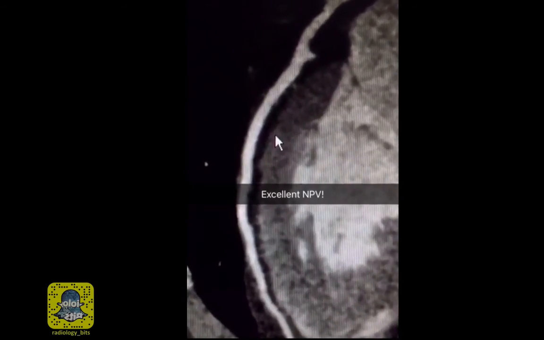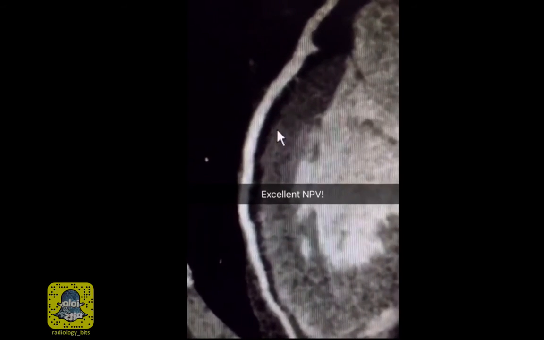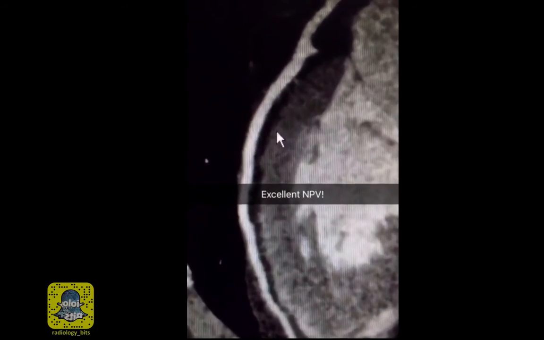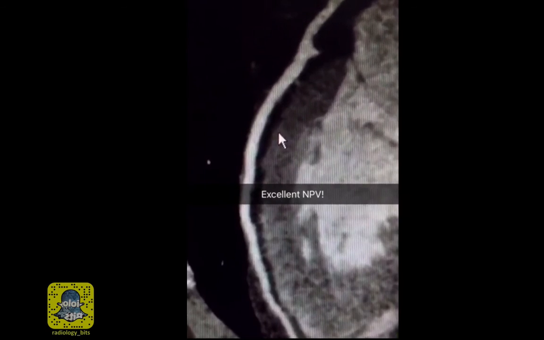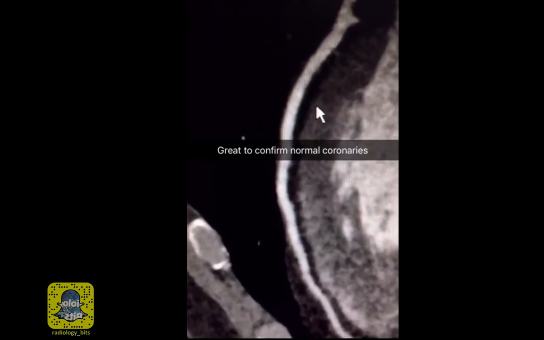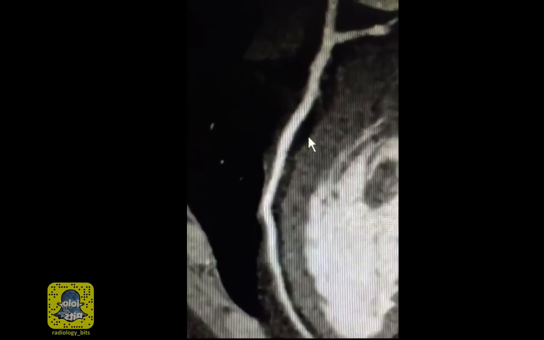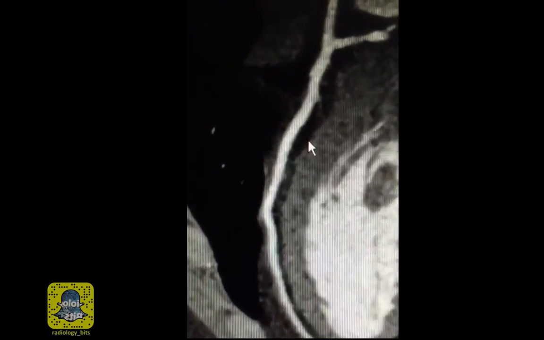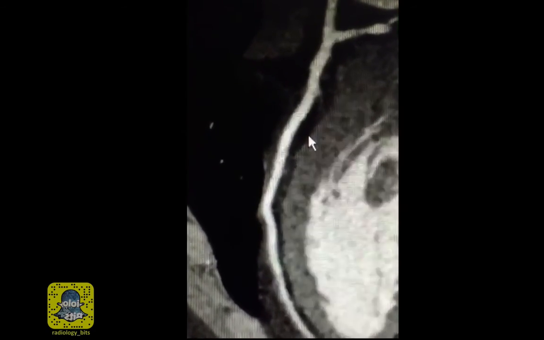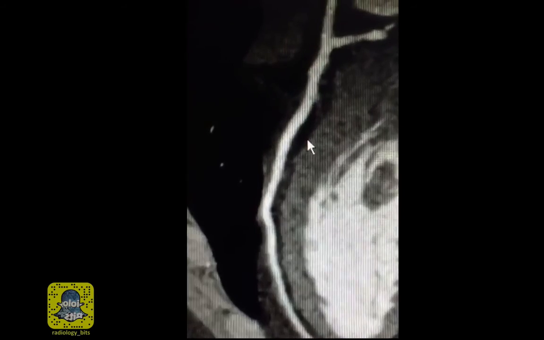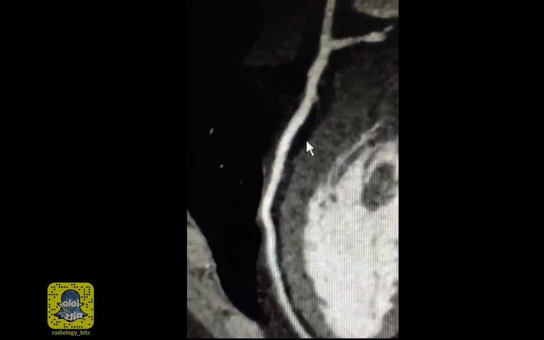Given the high sensitivity of CT, the negative predictive value has proven to be around 95 to 100%. By putting all this together, you understand that CT is great in confirming normality rather than confirming abnormality. So the right indication to do a coronary CT is to do it in a patient where the likelihood of coronary artery disease is low or intermediate.